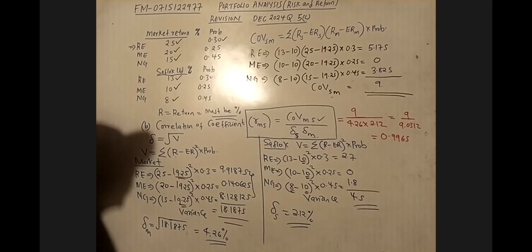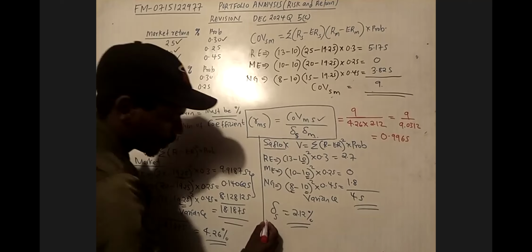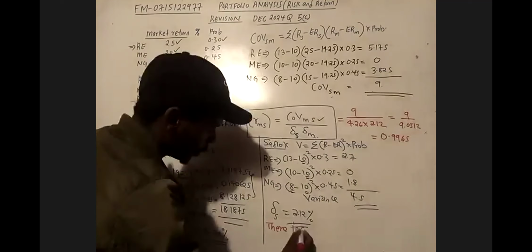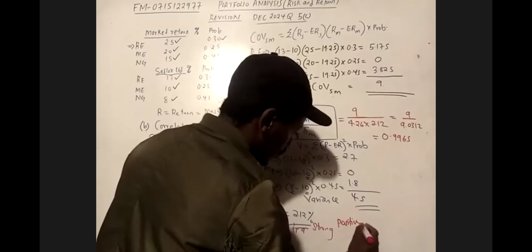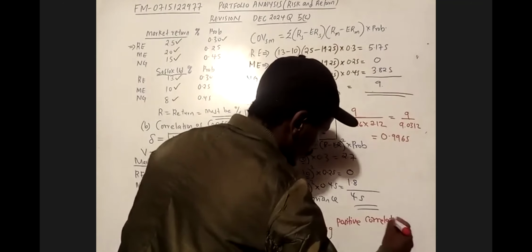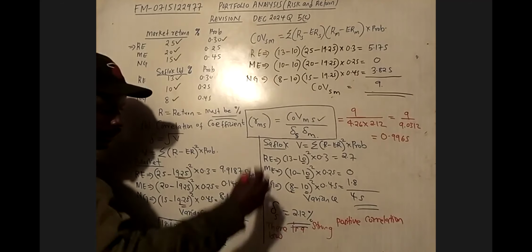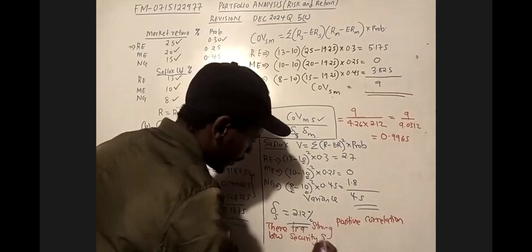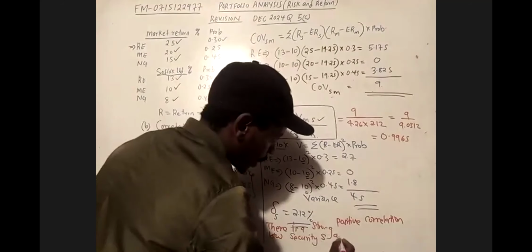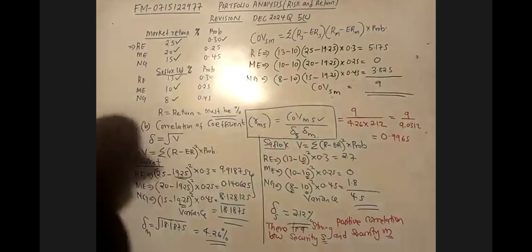So this is how you explain. You say there is a strong positive correlation between security S, remember S means subflux, and security M. Security M is the market, security S is the subflux.